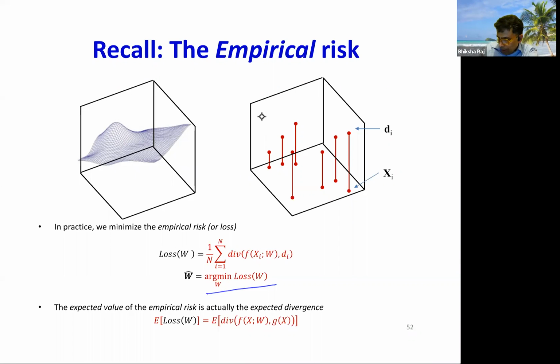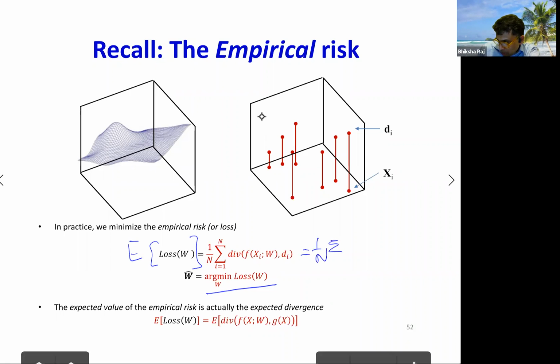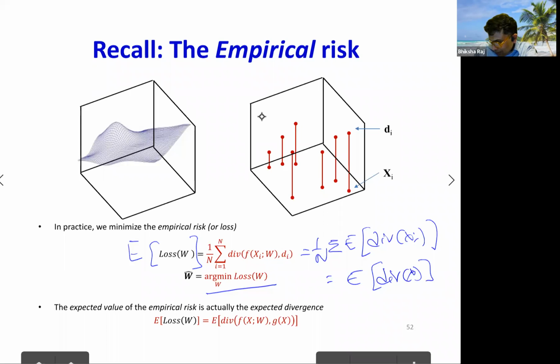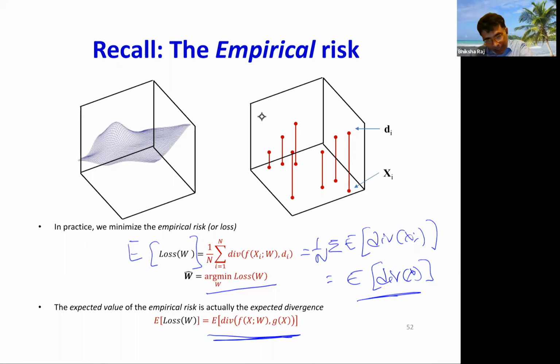Now, we saw earlier that if I define my loss like this and take my expectation on both sides, this is simply going to be 1 over n summation of the expectation of the divergence of xi, which is the expectation of the divergence of x, which is exactly the expected divergence.